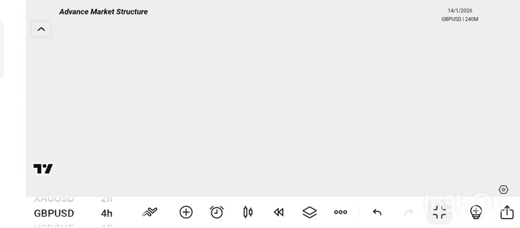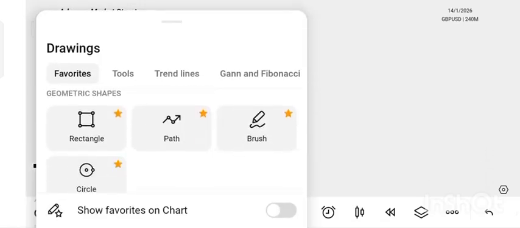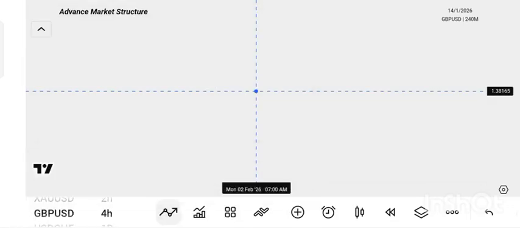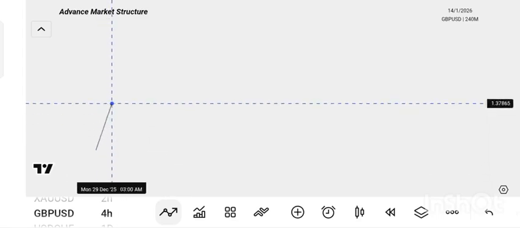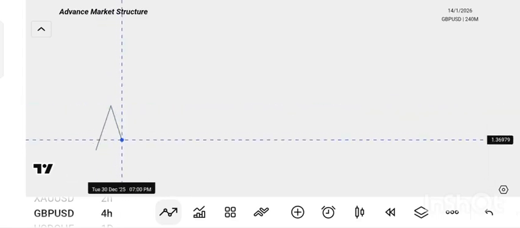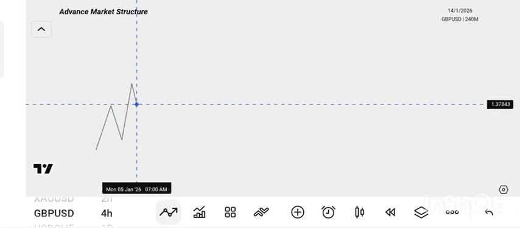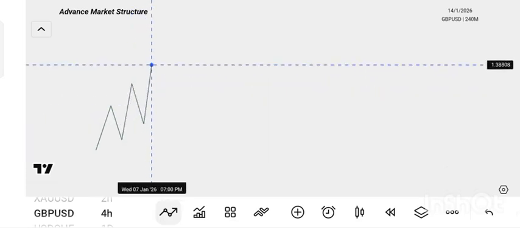Alright, so quickly let me just do some revision of what we did last week. We were talking about basic market structure, and we said that a basic market structure comprises higher highs, higher lows, higher highs, higher lows.